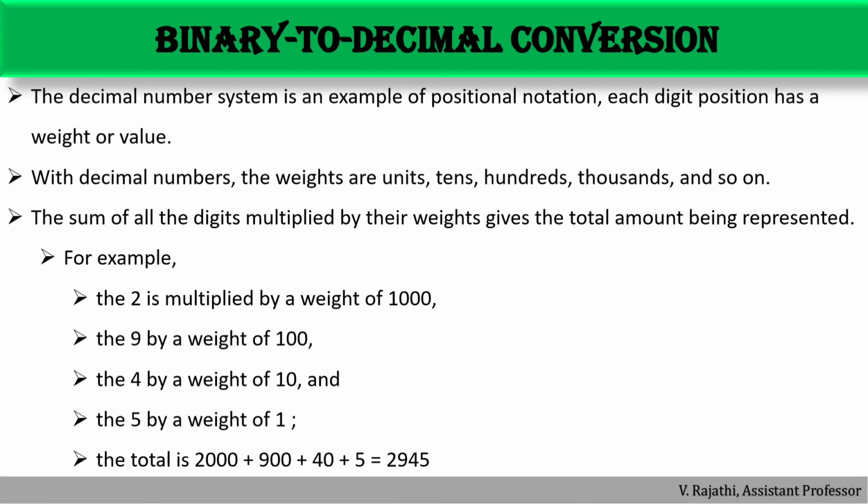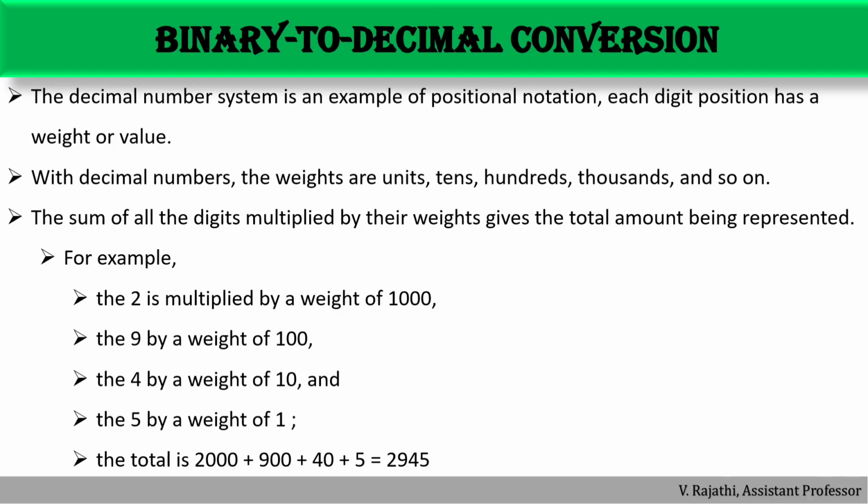Next, binary to decimal conversion. The decimal number system is an example of position notation. Each digit position has a weight or value. With decimal numbers, the weights are units, tens, hundreds, thousands and so on. The sum of all digits multiplied by their weights gives the total amount represented.